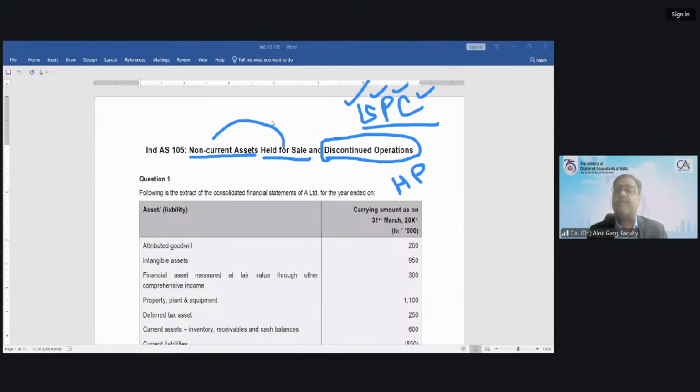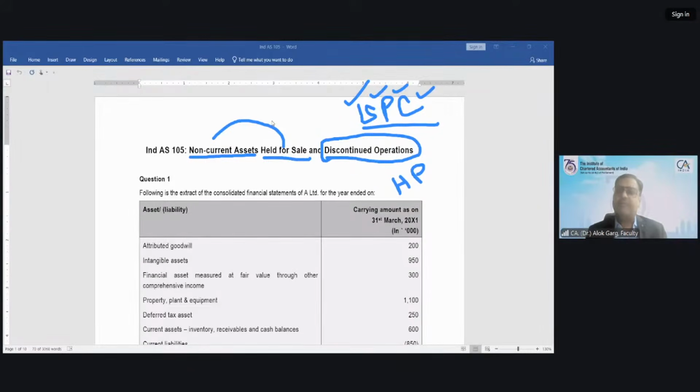Of course it can't be sold. If the market price is 20,000 and your asking price is 50,000, you are just playing with the numbers. You don't actually want to sell the asset. So the third condition is that the asset has to be marketed at a reasonable price.